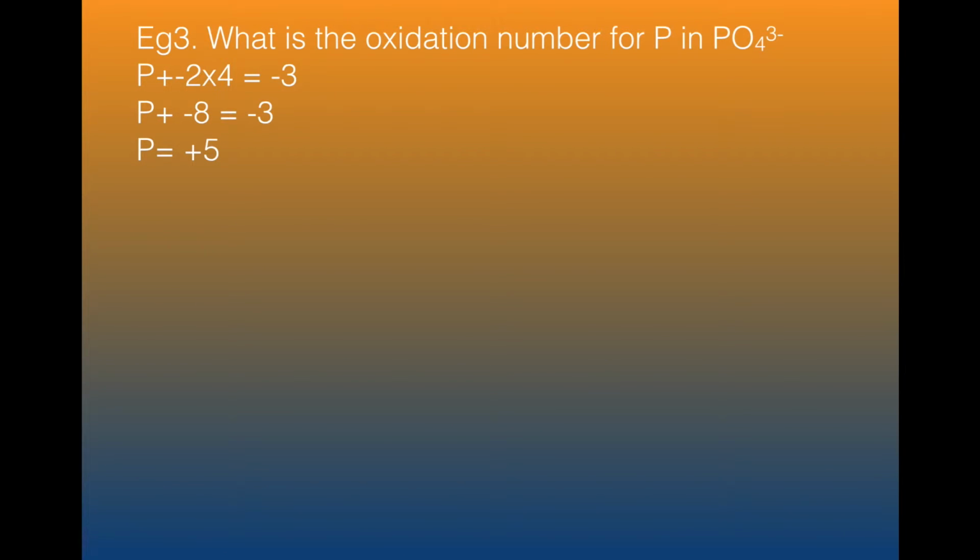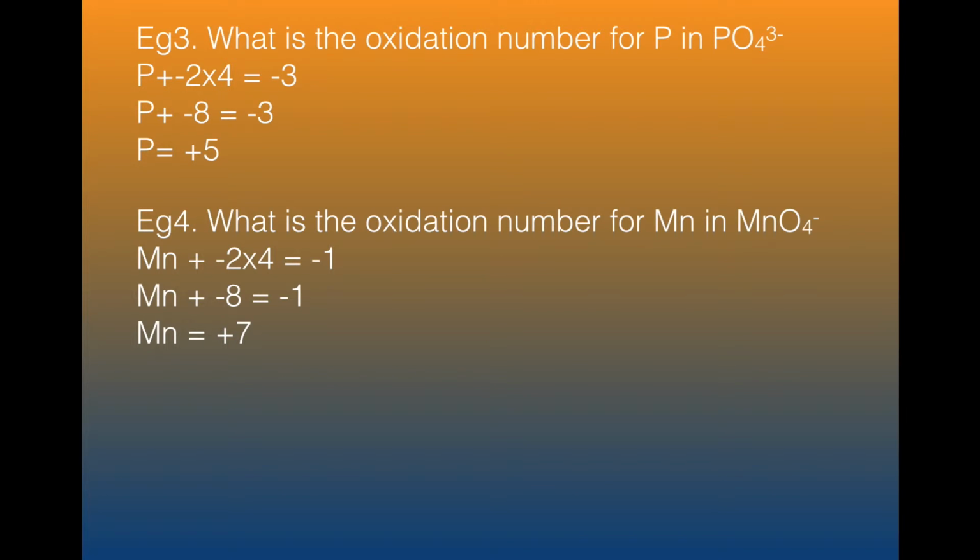In our third example, what is the oxidation number for P in PO4 3-? And this winds up being +5. What is the oxidation number for Mn in MnO4-? And it winds up being +7.